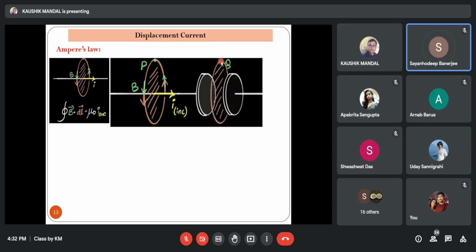So by applying the same concept, will it be possible to find out the magnetic field at this particular point K, where we are considering this loop or surface in between the two plates of the parallel capacitor? Try to answer it.